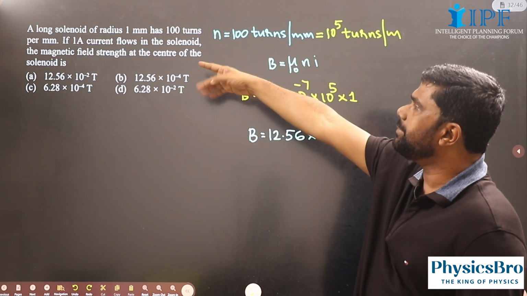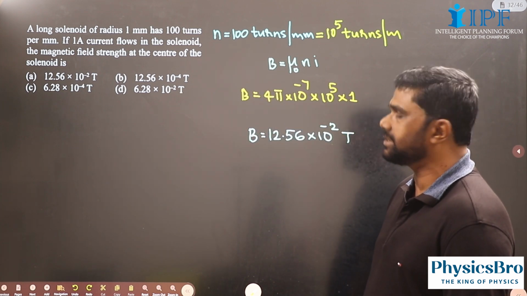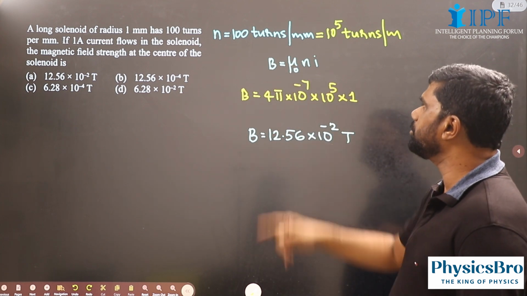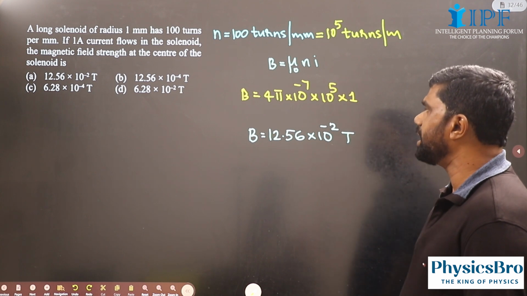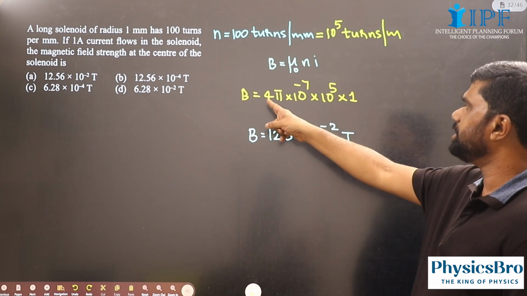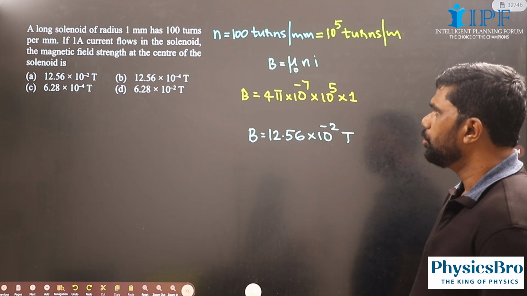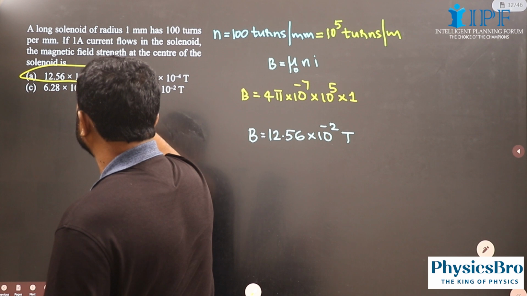If 1 ampere current passes through the solenoid, the magnetic field strength at the center B equals mu 0 n I, and mu 0 is 4 pi into 10 raised to minus 7. Number of turns is 10 raised to 5 and current is 1 ampere. This is 4 pi, that is 12.56 into 10 raised to minus 2. Okay, 12.56 into 10 raised to minus 2 Tesla, this one.